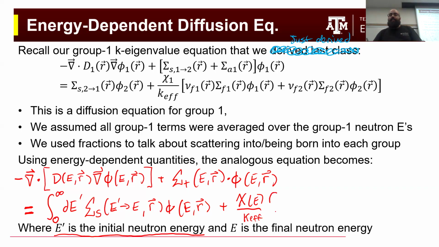So again, if it's a continuous variable, I have to integrate from 0 to infinity, integrating over all other energies, so dE prime, and then the rest of it just looks like a fission production rate density.